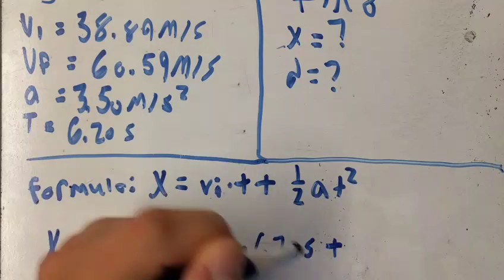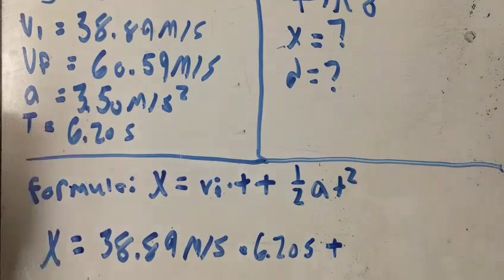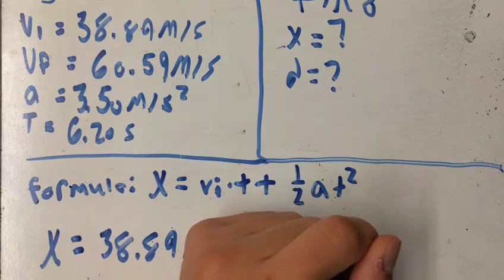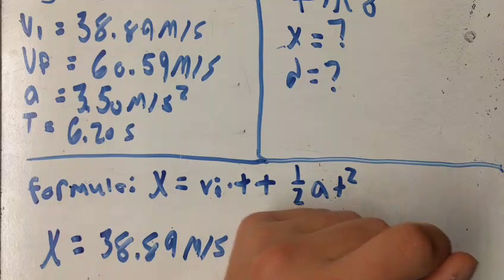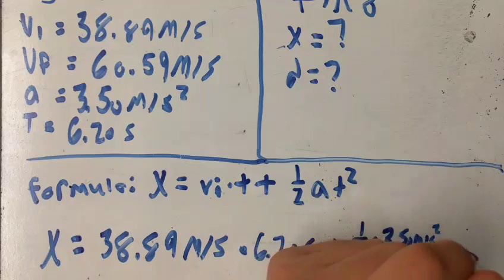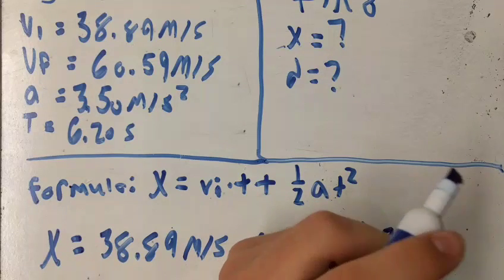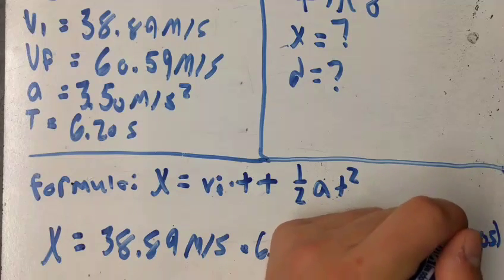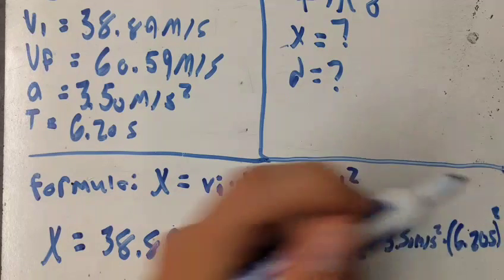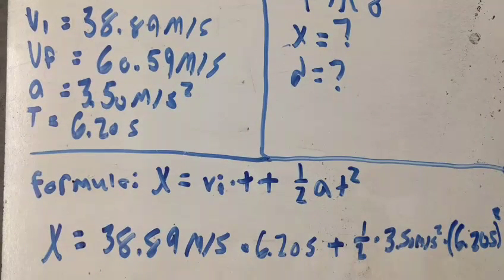And then that added to 1/2 times our acceleration of 3.50 meters per second squared multiplied by our time squared. So 6.2 seconds squared.